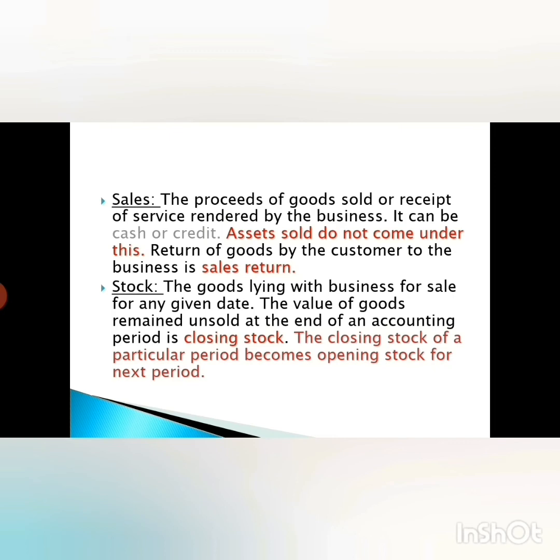Again, this closing stock at 31st March 2018 becomes the opening stock for the next year, that is 1st April 2018. This is a very important concept when you come into accounting problems, because one closing stock becomes the opening stock for the next year.